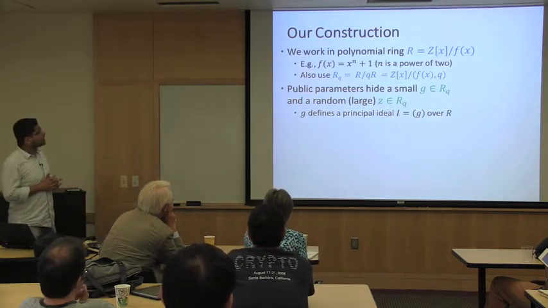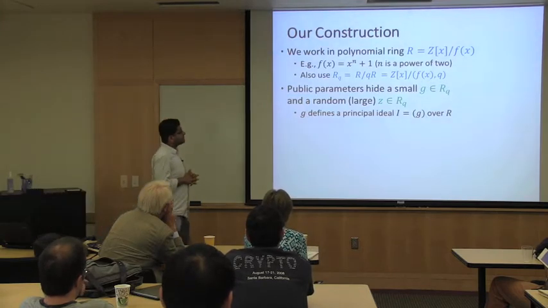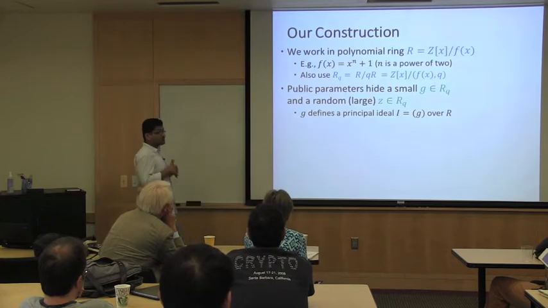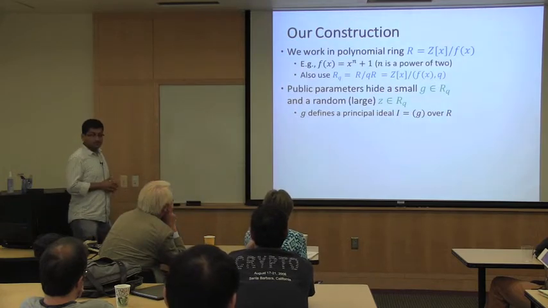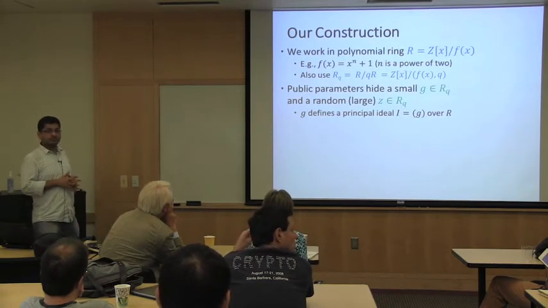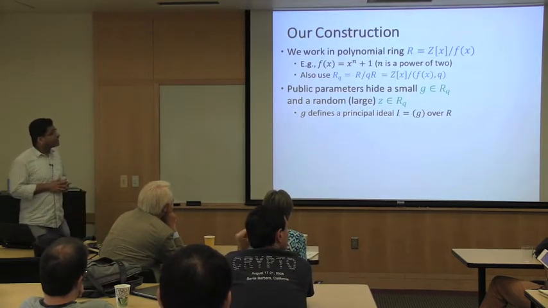Then I also have the secret parameter z, which is random in R_q. Since it's random in R_q, it's going to be large, hopefully with coefficients comparable to the size of q.